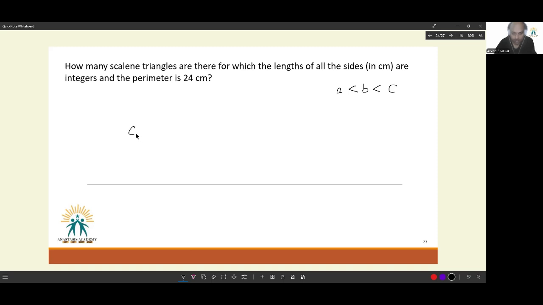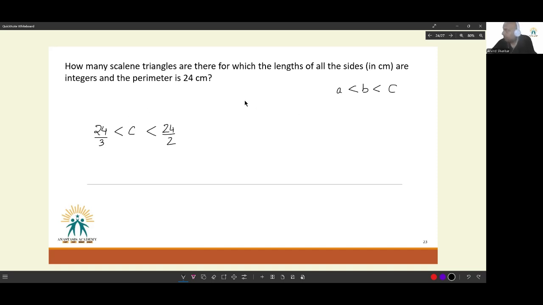Now the longest side has to be greater than 24 by 3, and of course it has to be less than, no, sorry, 24 by 2. Why does it have to be greater than 24 by 3? Because it is the longest side.